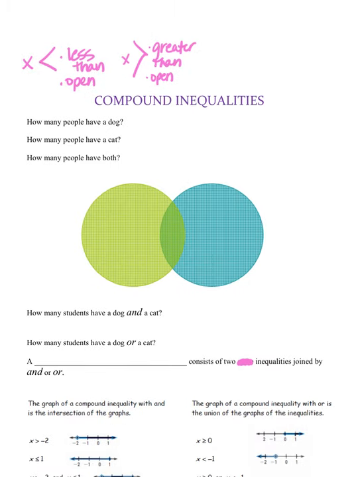We have x is less than or equal to, and that is a closed circle. So we have an open circle, closed circle.